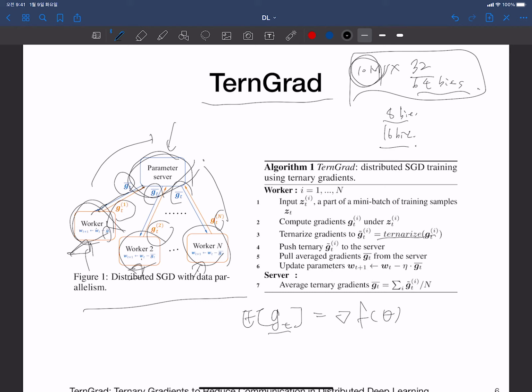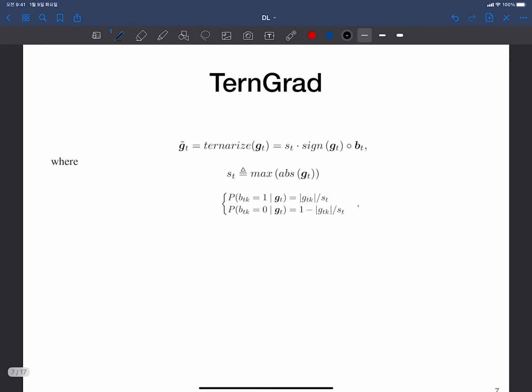So to make such a stochastic gradient, even with the quantization technique, this paper introduced a ternarized operation, and it is not special. It's very simple. Just make a 0 or 1 value using some stochastic process. With probability |g_t| over s_t, we set it equal to 1. With probability 1 minus |g_t| over s_t, we set the value equal to 0. This is a very extreme case.